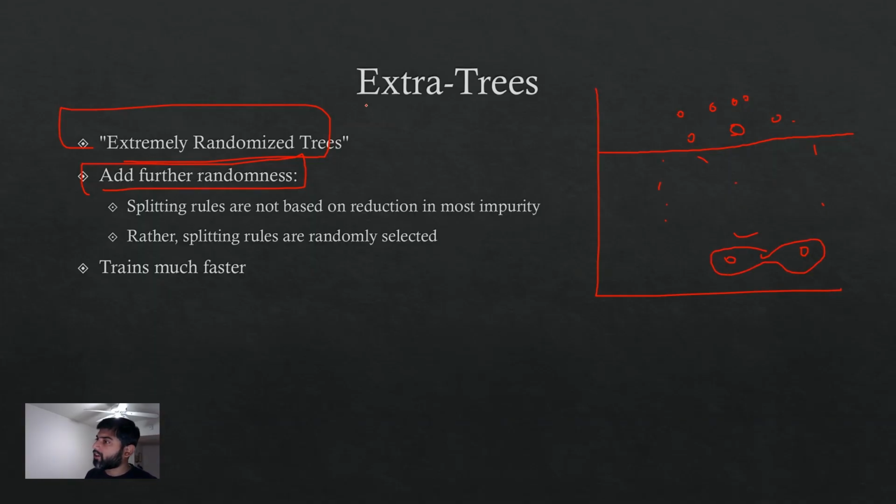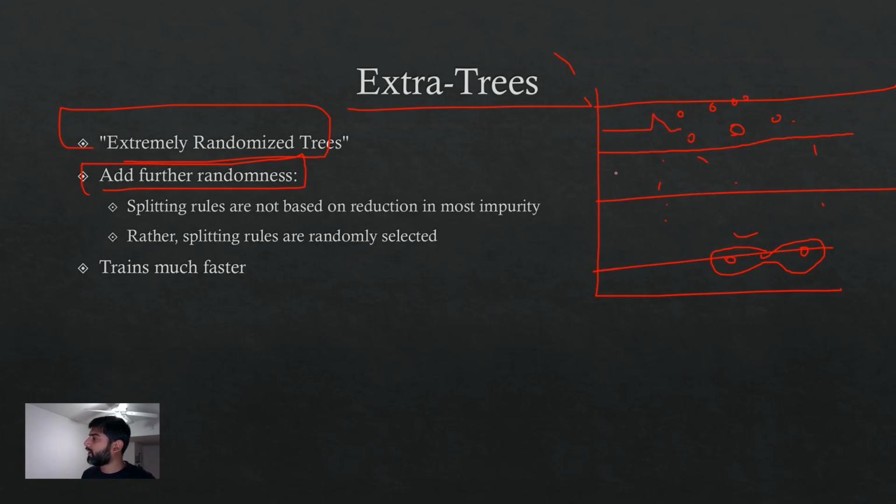But what extra trees or extremely randomized trees would do, it wouldn't think about where to draw this line. It would just draw a random line here and try to find out what the remaining impurities are. And it keeps drawing these lines, some horizontal, some vertical, without thinking.